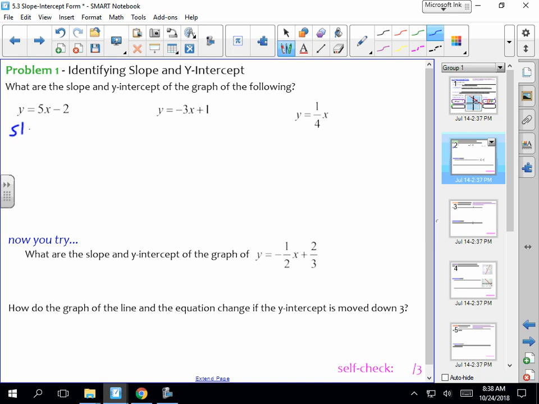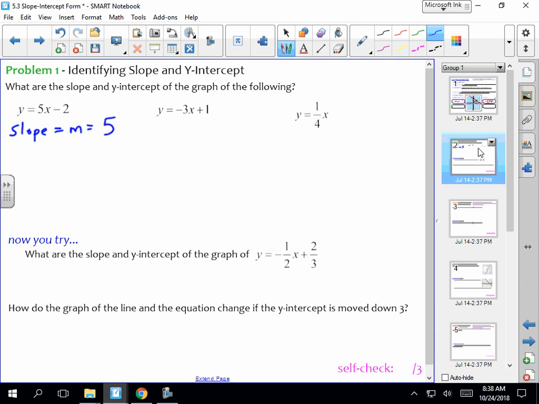On this first one, I'll write this down so we know slope is equal to m is equal to 5 on this one. Okay, so it's the number in front of x is your slope. If you were asked to graph this, you would be thinking of the slope as 5 over 1. Okay, because then you would have a vertical rise number of 5 and a horizontal run number of 1.